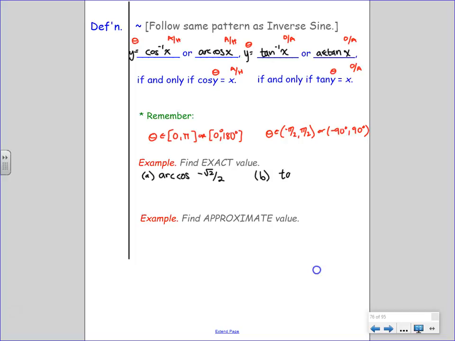And let's do tangent inverse of negative root 3. And then for our example down here for our calculator, let's do cosine inverse of 1.5, and tangent inverse of 1200.